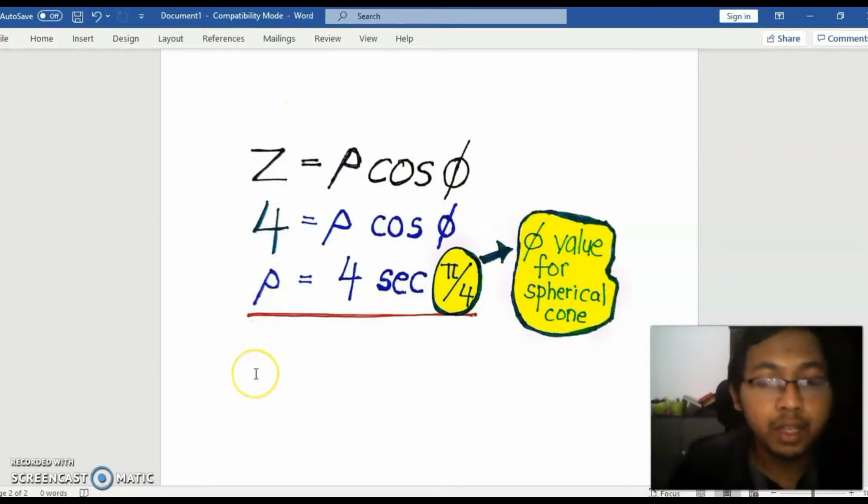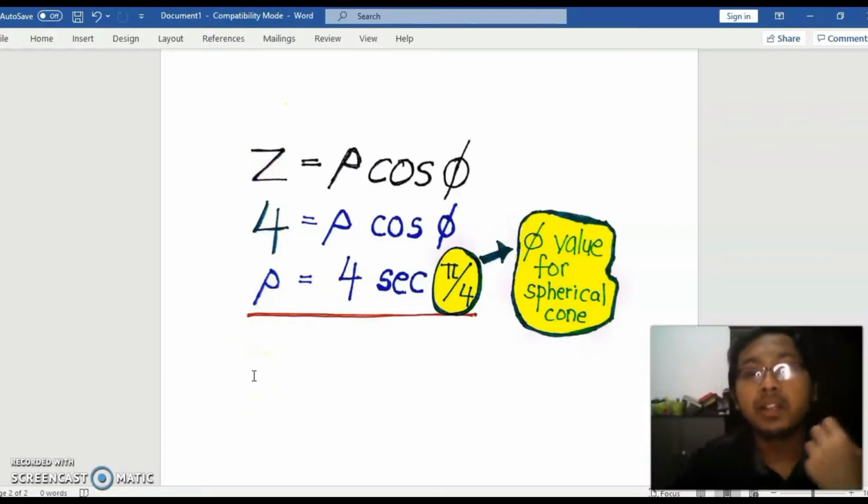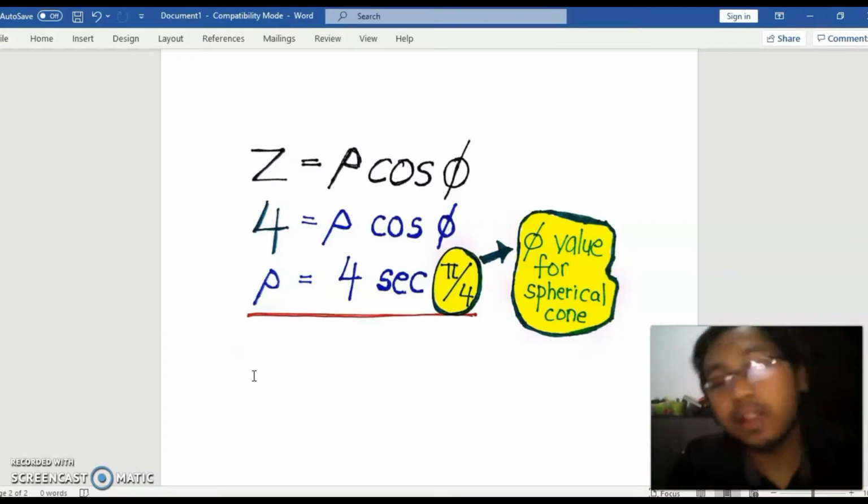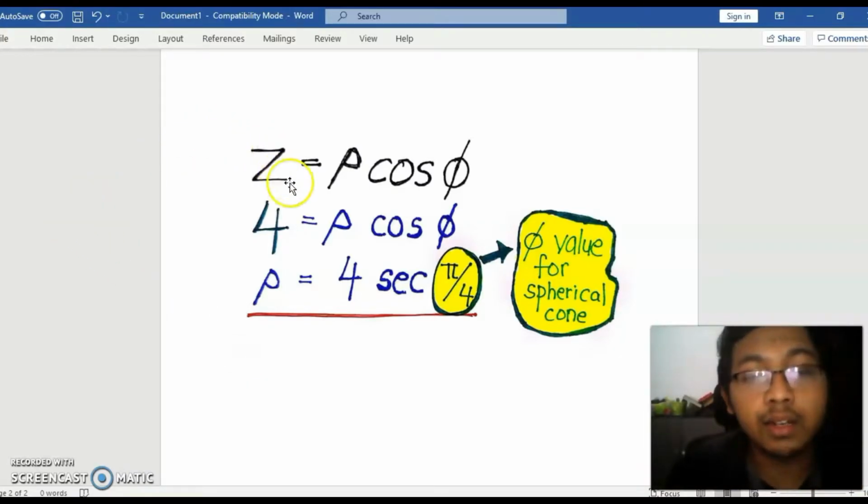If we go back to the question, it asks for the solid that lies between z equal to the square root of x squared plus y squared and the plane z equal to 4. So we can simply substitute z equal to 4 here, equal to rho cos phi, and phi, like I mentioned earlier, has the fixed value pi over 4. We can substitute that here also.